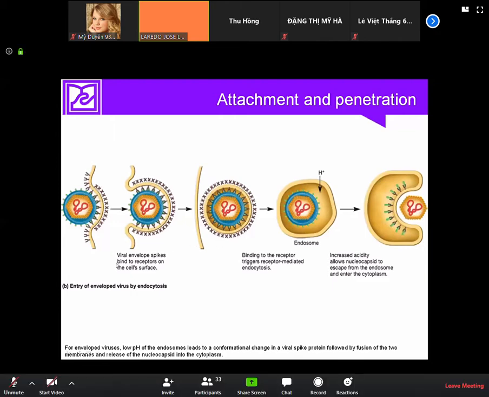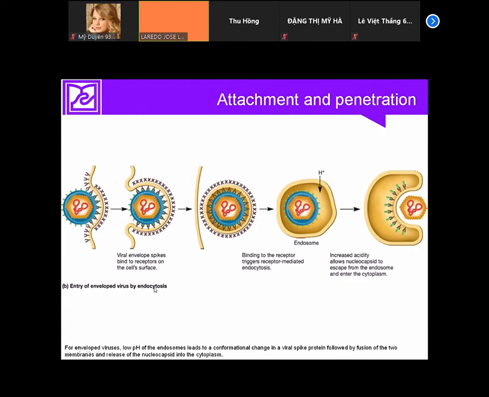However, other viruses with envelope enter by endocytosis. You know endocytosis from cell biology. So the virion binds to the cell membrane, and the virus enters inside an endosome. So this virus has entered inside the cell by endocytosis.